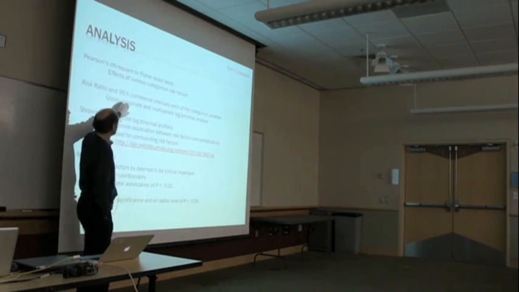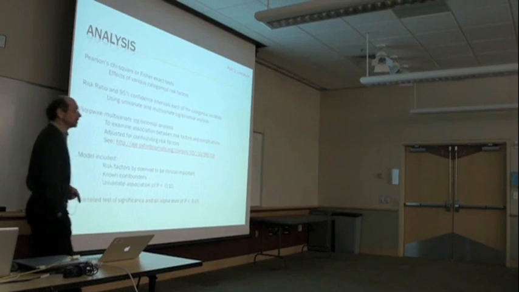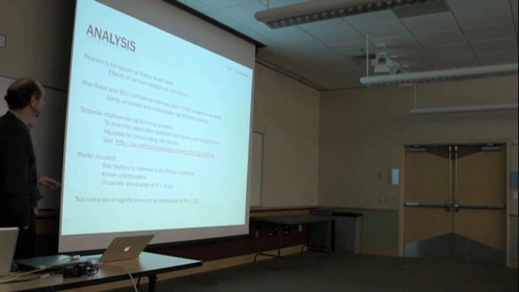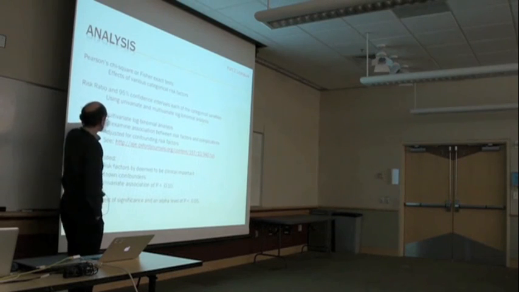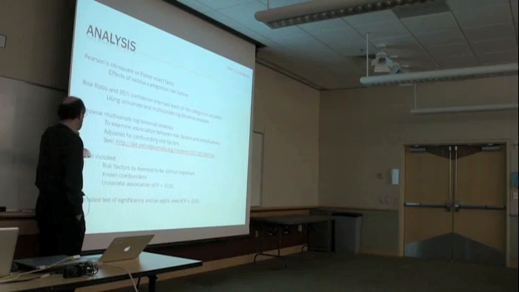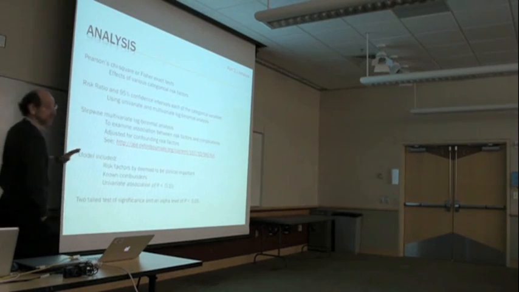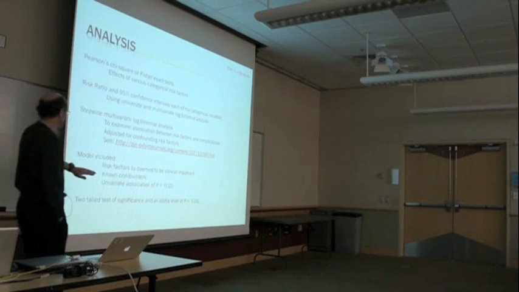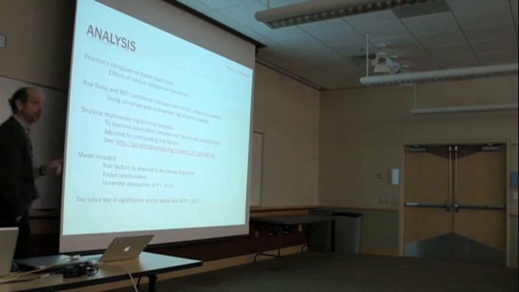This is a very popular approach now, which is thought to minimize the risk of underestimating the result. So they use this method to examine the association between risk factors and complications. And so the model included risk factors that the investigators thought were important. They included known confounding variables, and anything with a univariate association of p less than 0.1.